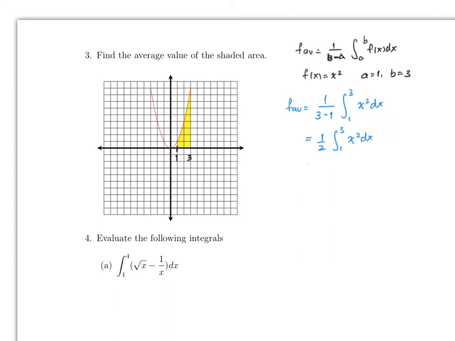If we integrate this, you have 1/2 already times 1/3 x cubed, and x goes from 1 to 3. So therefore, this is 1/6 times 3 cubed minus 1 cubed, which will be 1/6 times 27 minus 1, or 26 over 6, and whatever that is.